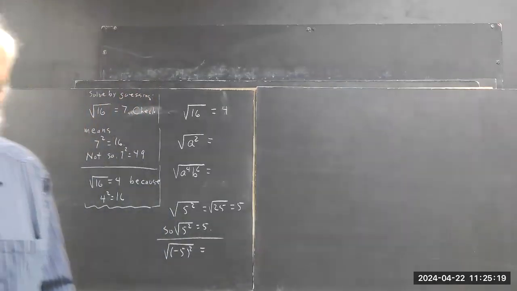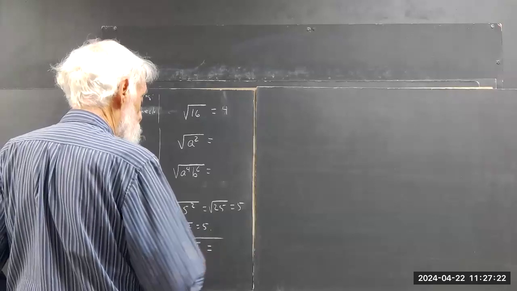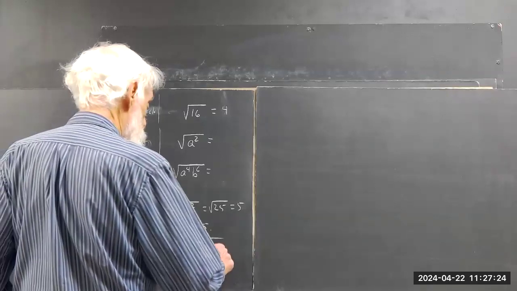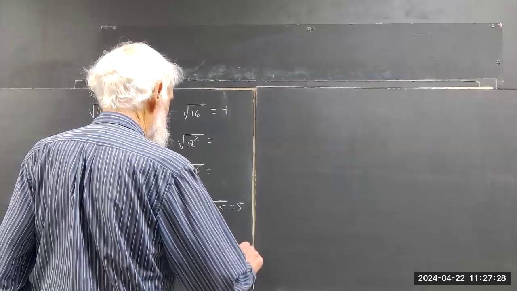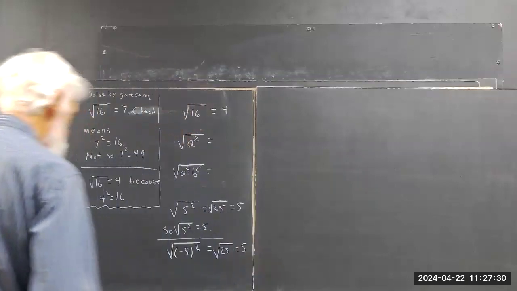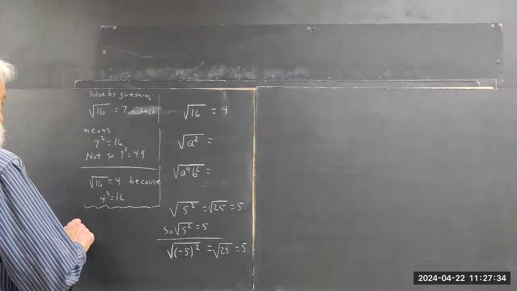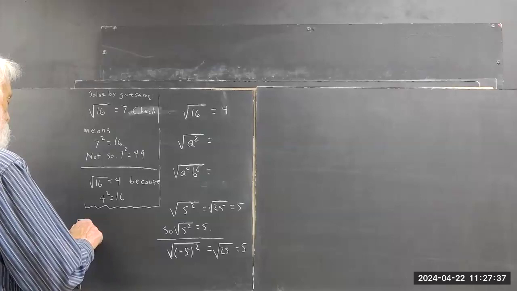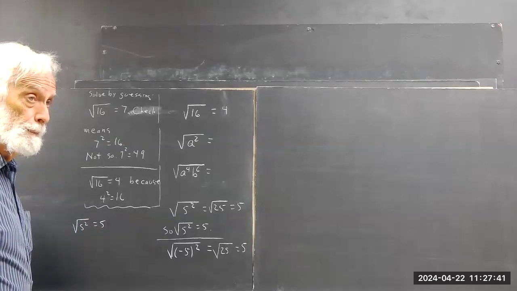What's the square root of the square of -5? Okay, so you square -5 and you get 25, and the square root of 25 is 5. Square root of 5 squared equals 5, right?